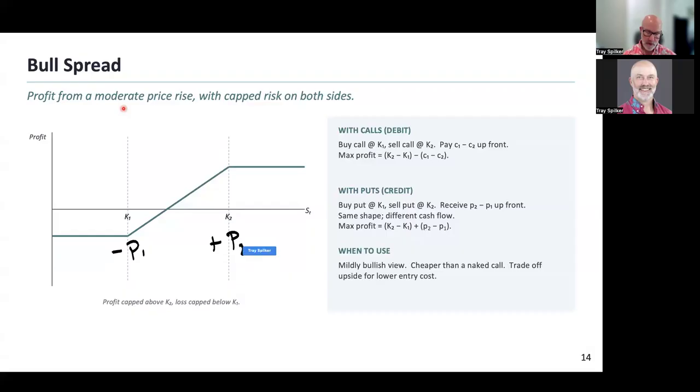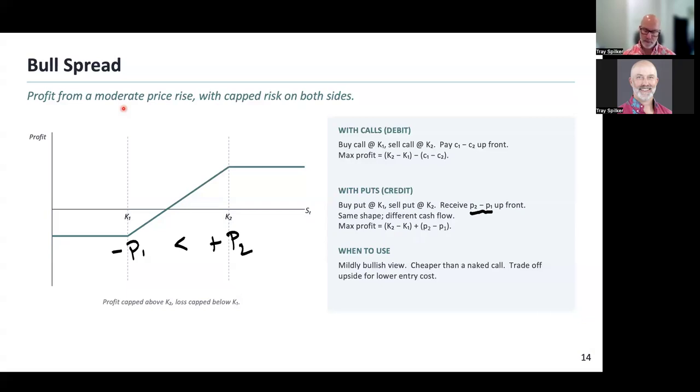For puts, if we sell a put with a higher strike price, it's going to generate more capital than the premium we pay for the lower strike price. So we're going to end up receiving the difference between the two up front. It's going to give us the same shape, but a different cash flow.